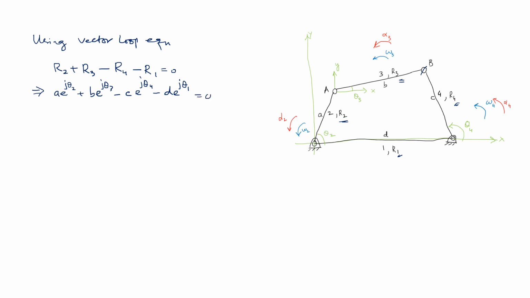So this is this equation, and if we differentiate it to find the velocity, the vector loop equation for that turns out to be j a omega 2 e raised to power j theta 2 plus j b omega 3 e raised to power j theta 3 minus j c omega 4 e raised to power j theta 4.